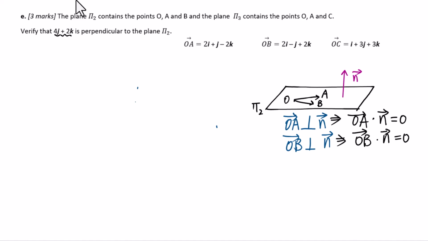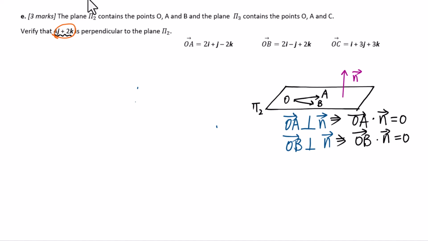In other words, if you want to verify this vector is perpendicular to the plane pi2, you just need to find two intersecting vectors on the plane pi2 and verify this vector is perpendicular to those two vectors.